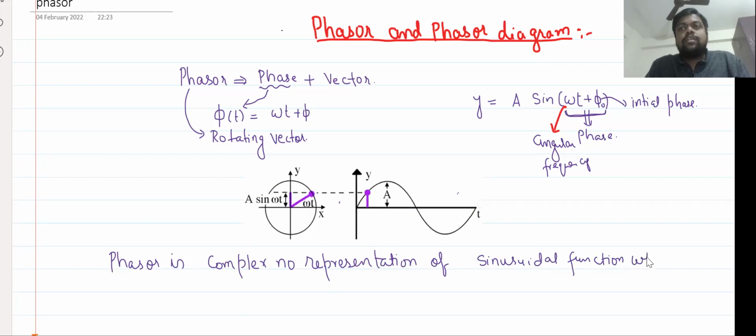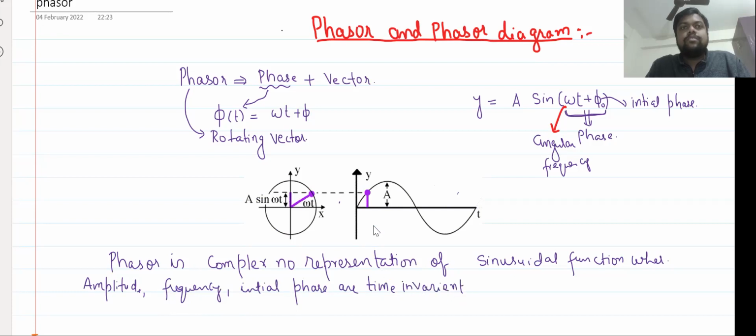And here the condition is where amplitude, frequency or angular frequency, and initial phase are time invariant. That means it does not depend upon time. This is a basic definition of phasor.